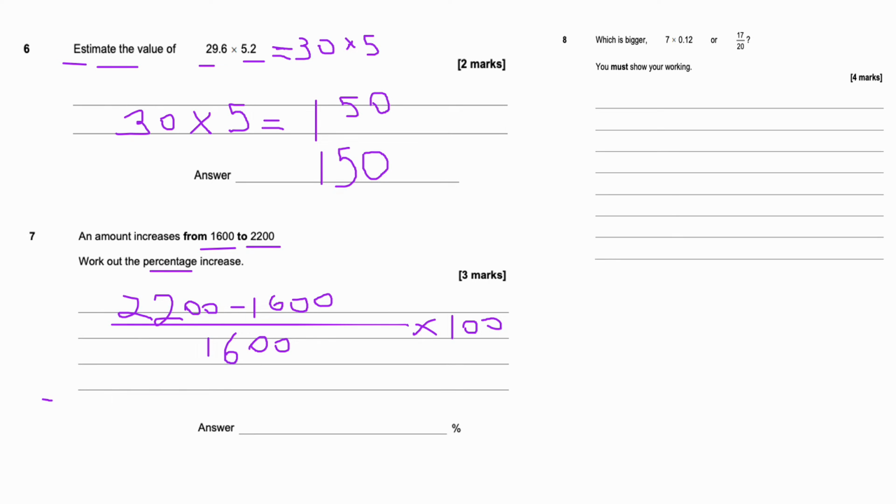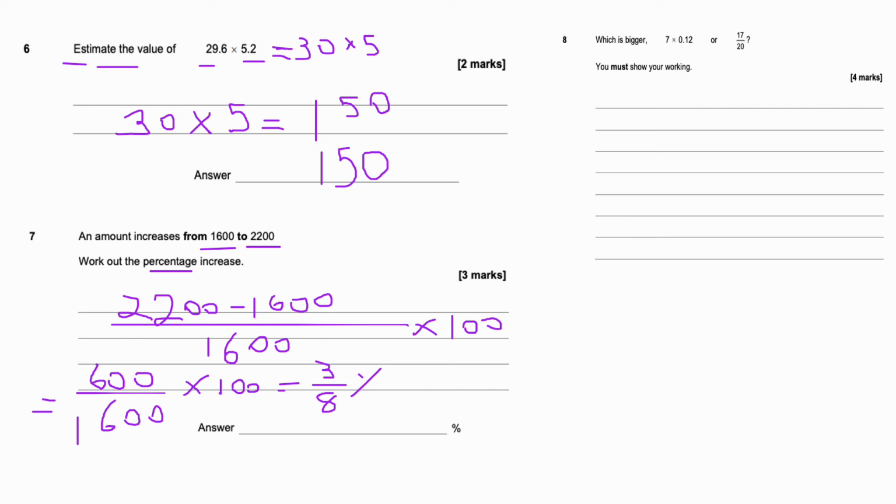Okay, working this out, guys, I get 600 over 1600 times 100. Now, what I can do to make the sum a bit easier is cancel down this fraction. If I cancel this down fully, I get rid of the 2 zeros, so I get 6/16, which is equivalent to 3/8.